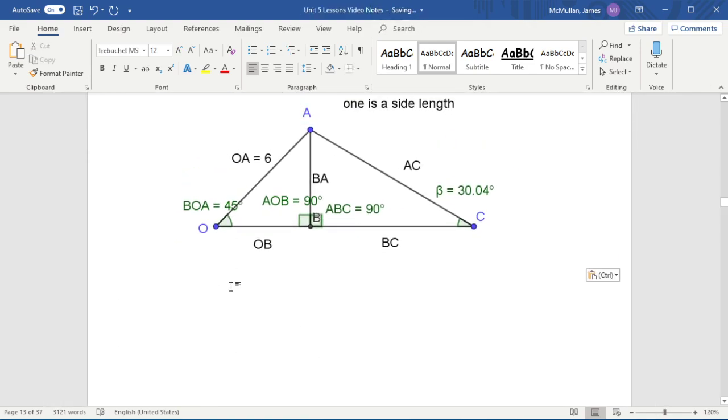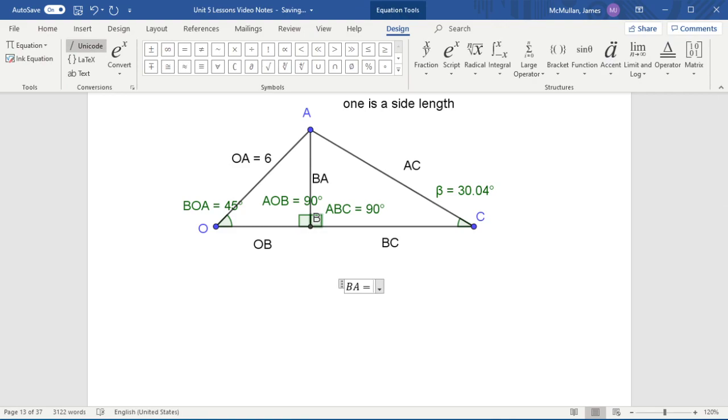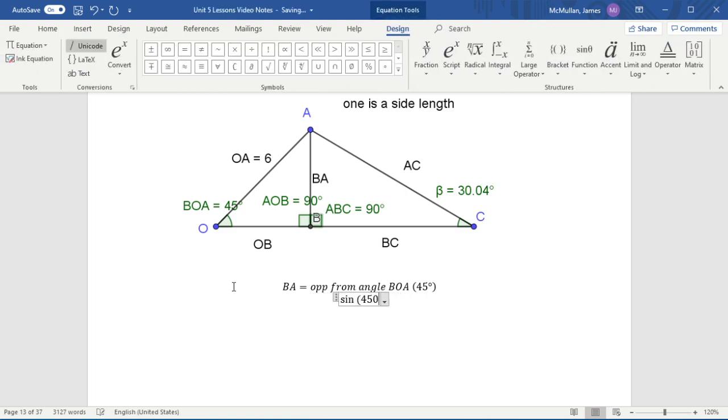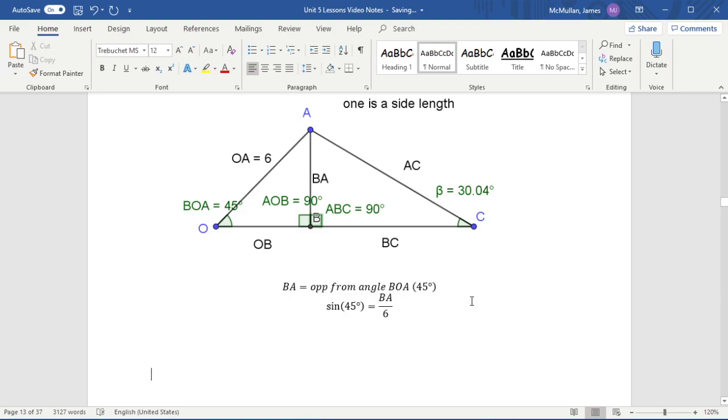Okay, so let's start with something we can do. Side length BA is the opposite from angle BOA, so the 45 degrees that I can see. Therefore, sine 45 degrees is equal to BA, which is the opposite, divided by 6, which is the hypotenuse.